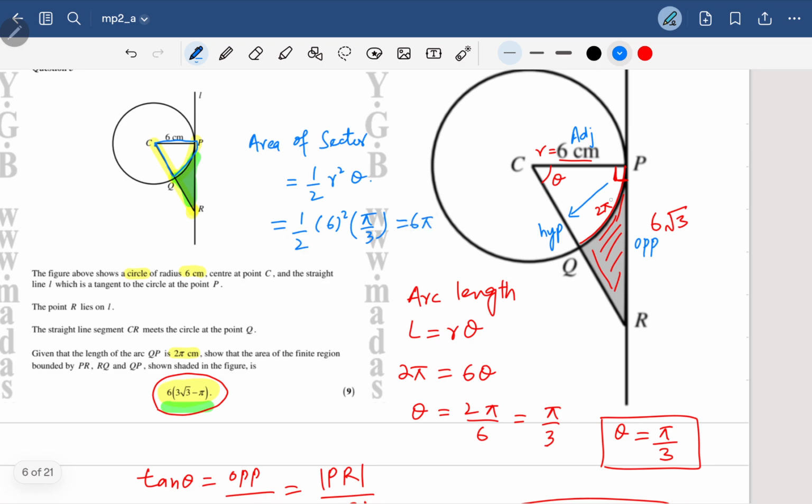So now in the figure you can see, if you take away the area of the sector from the area of the triangle, you're left with the shaded region.